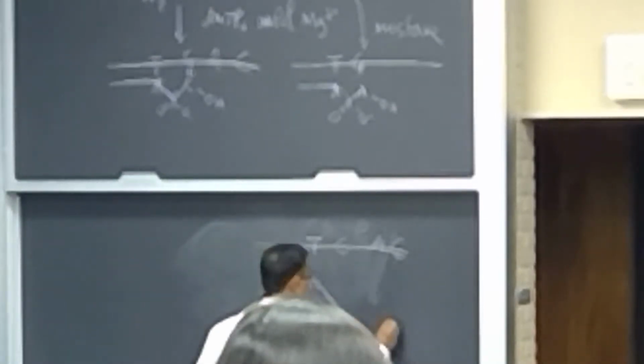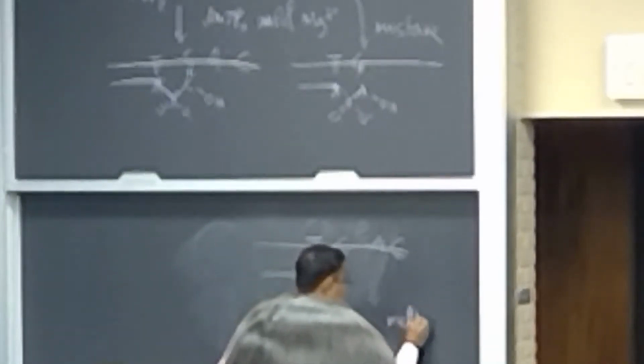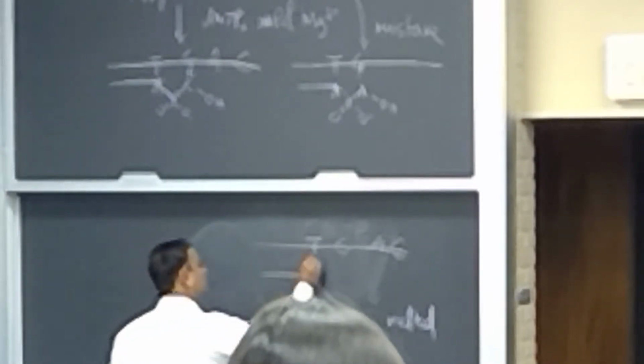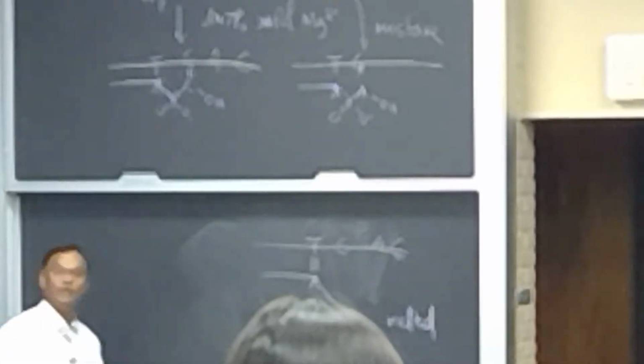And once it has made the mistake, the DNA is kind of melted, hanging. Once it is melted, DNA polymerase recognizes that it is not the right thing, so it has to correct at this point.